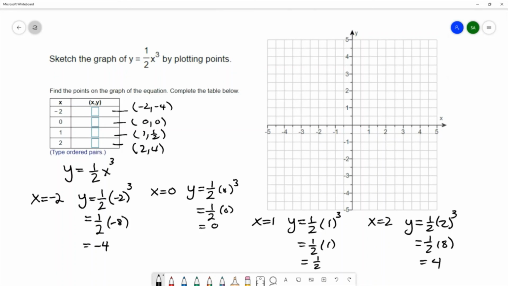Now we've found our ordered pairs, and we're going to draw a sketch of the graph. We're going to plot these ordered pairs that we just found, -2, -4, and then we have 0, 0, 1, 1/2, and 2, 4.